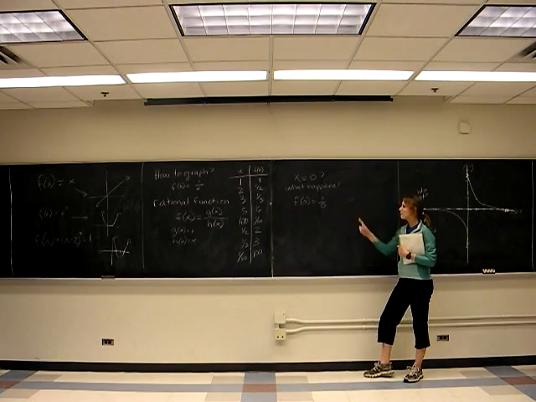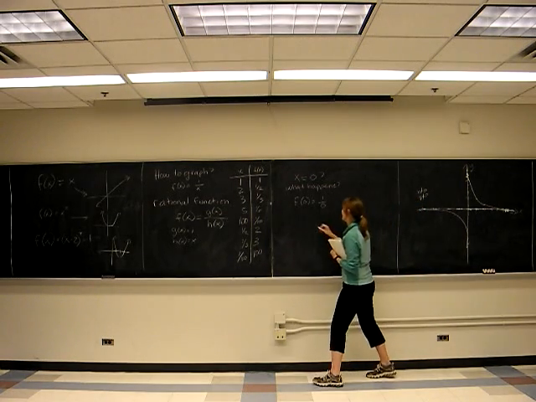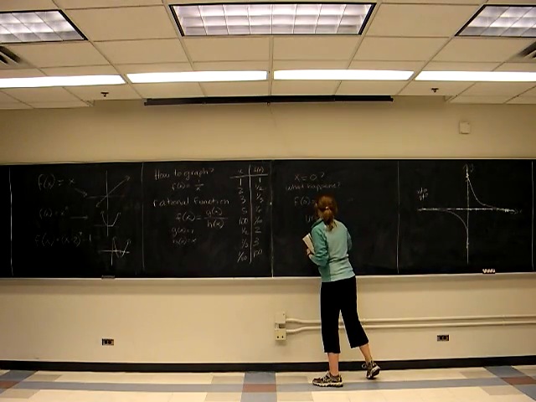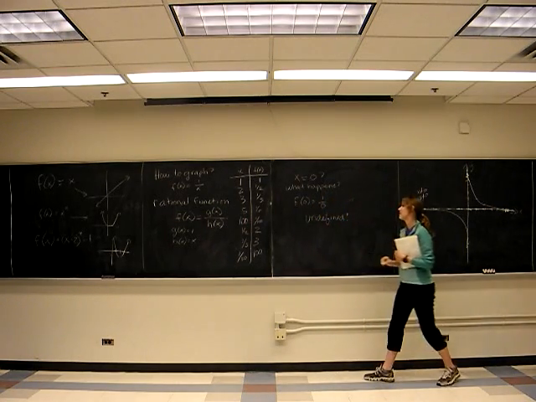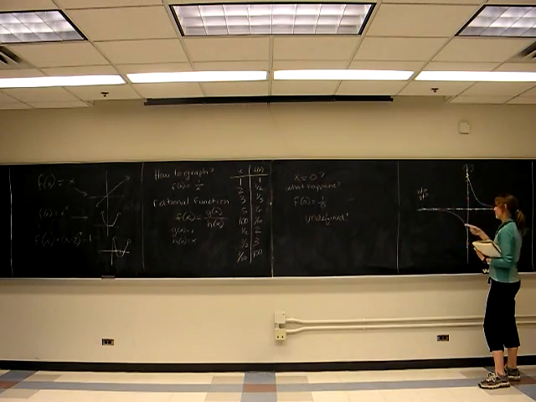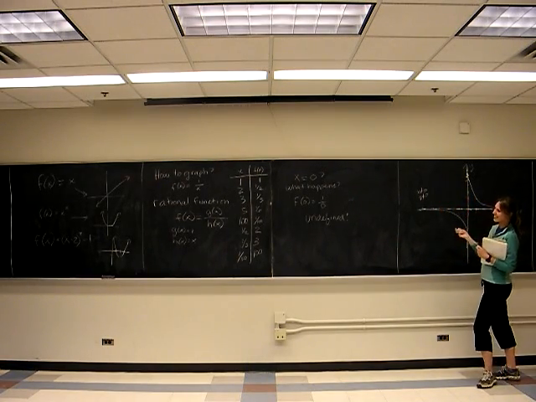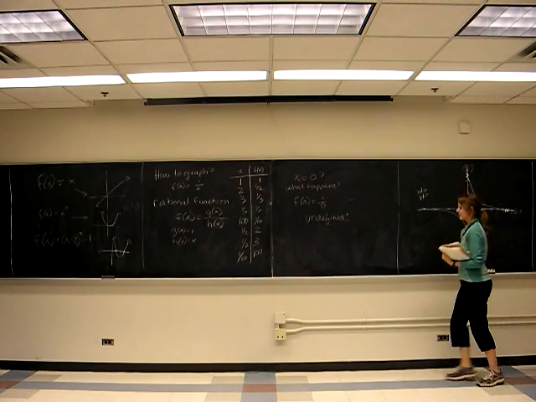Huh, what do we know about 1 over 0? Well, we remember that 1 over 0 is undefined. So, x can never be 0, because if x was 0, the equation would be undefined. And because x can never be 0, this actually means that y can't be 0 either.